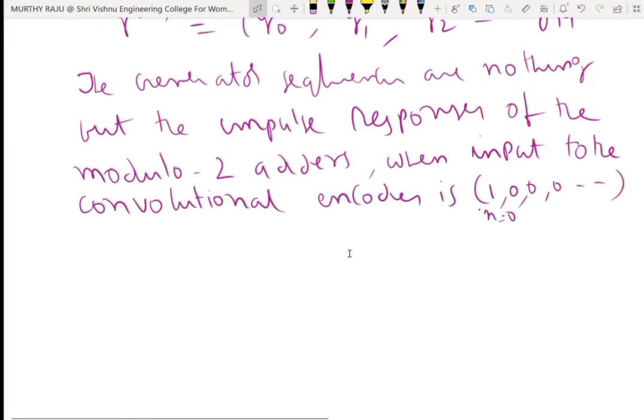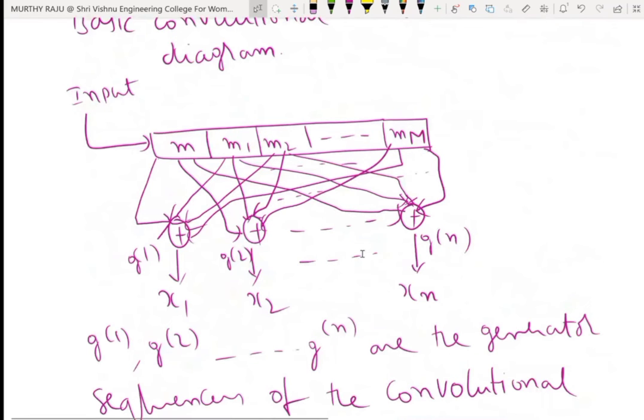Next one. These are GF1, GF2, GFn, the impulse responses of these modulo 2 adders when the input to the convolutional encoder is 1, 0, 0, 0, and so on. At that instant, x1 is equal to g of 1, x2 is equal to g of 2, xn is equal to g of n.